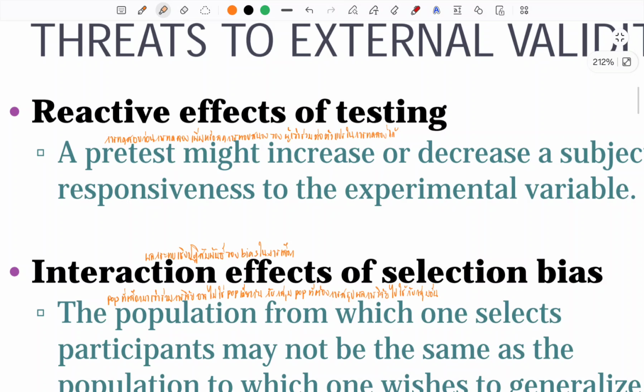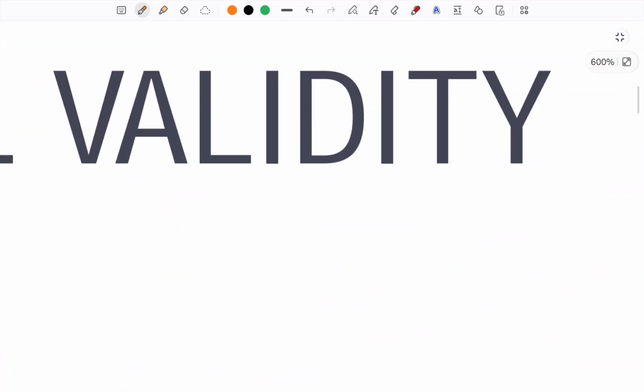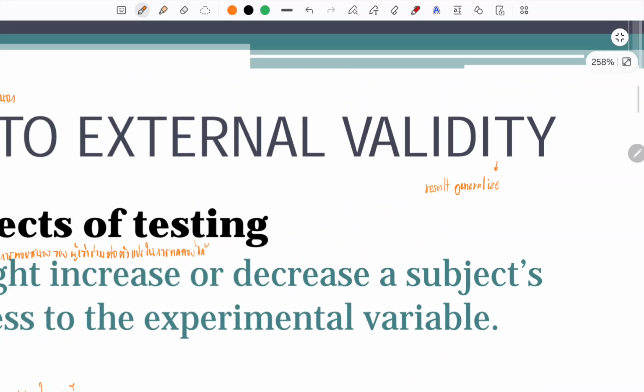The next one that we're going to take a look at is the threats to external validity. So what is it? External validity, what does it mean again? Yeah, the result can be generalized, or can be applied to the real world situation or other populations. The first threat to external validity is the reactive effect of testing.